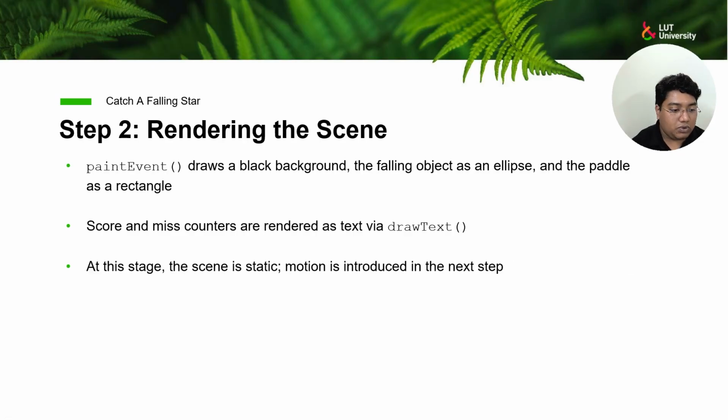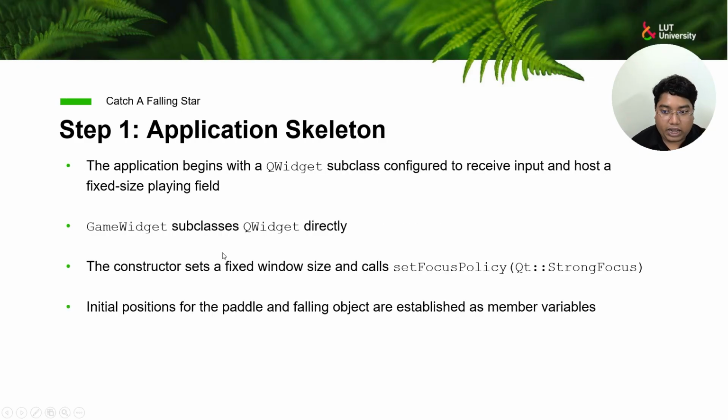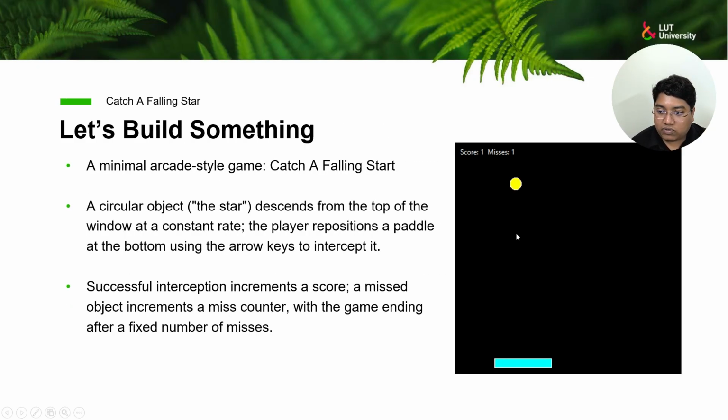Step 2, we will implement paintEvent. Once again, remember that Qt calls this function automatically whenever the widget needs to be redrawn. Inside it, we will create a QPainter. Then we will draw 4 things to be precise. We will first paint a black background.